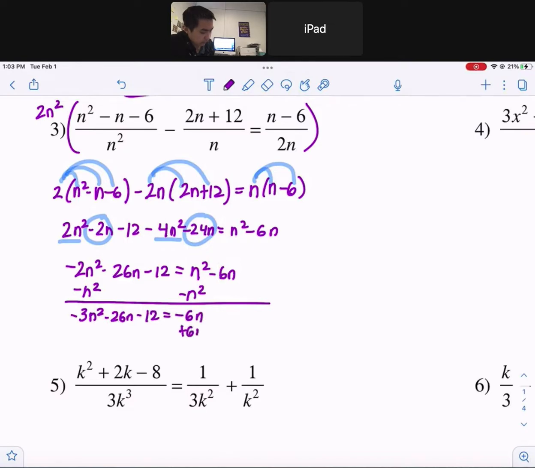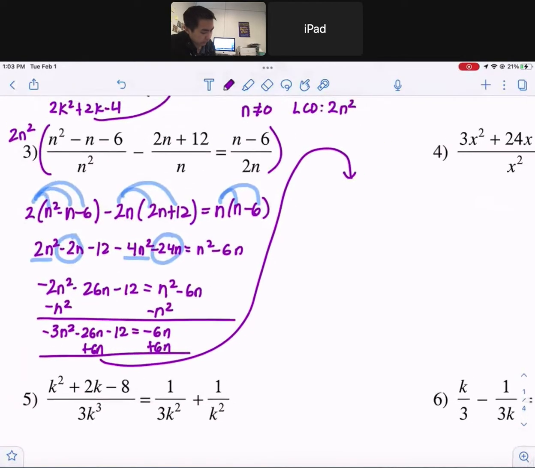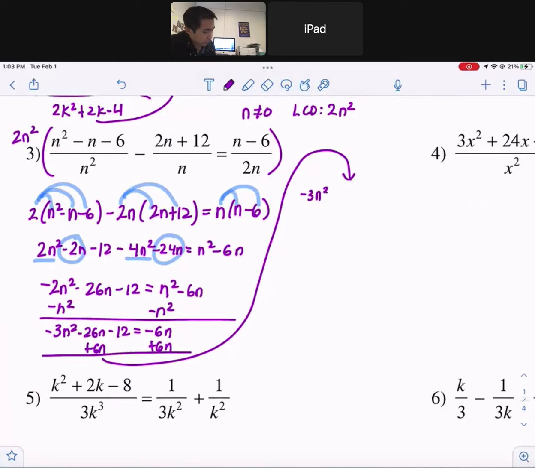And let's add 6n to both sides, right? So we are going to get negative 3n squared minus 20n minus 12. So let's factor out a negative sign, because I don't like my leading coefficient to be negative. So really we're dealing with that.